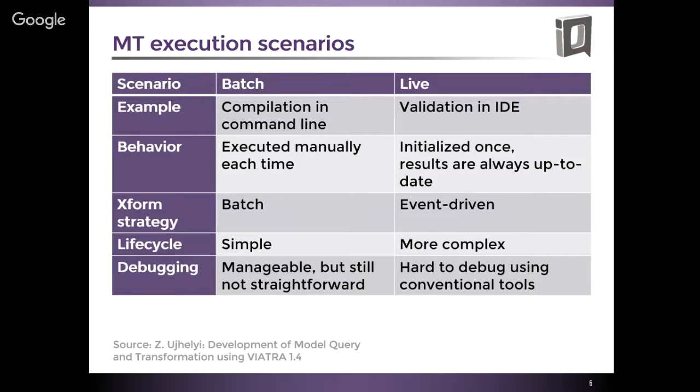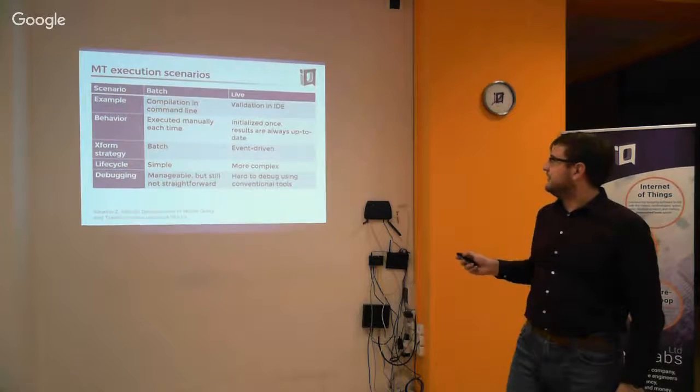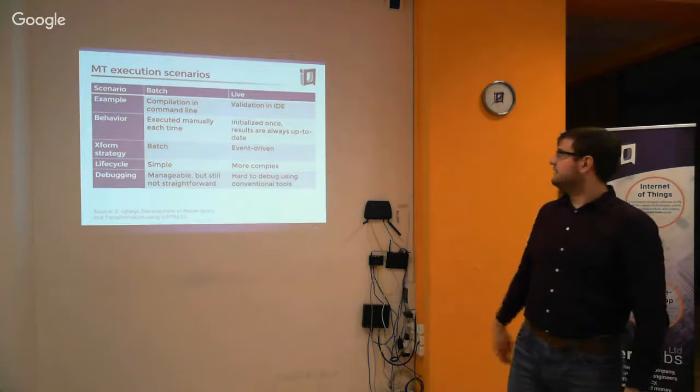So apart from the actual structure of a model transformation, it is quite important how model transformation activations are executed. This is often referred to as the model transformation lifecycle. In this slide, I'd like to differentiate 2 main aspects of model transformation execution. One of them is batch execution, and the other is live execution.